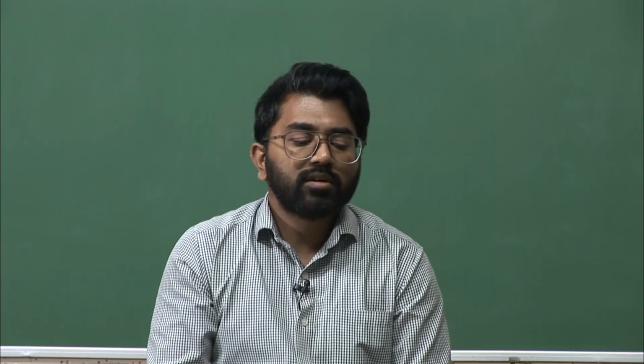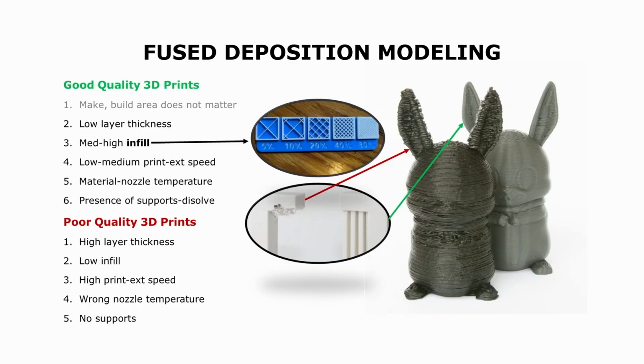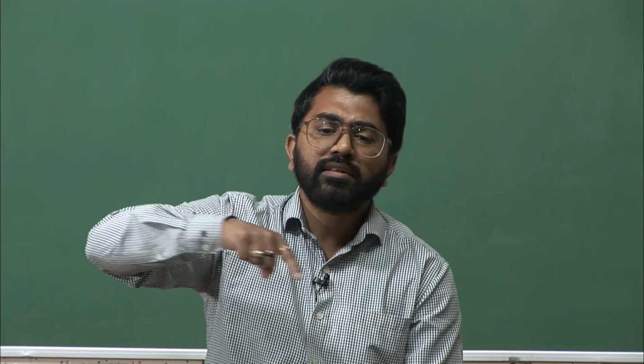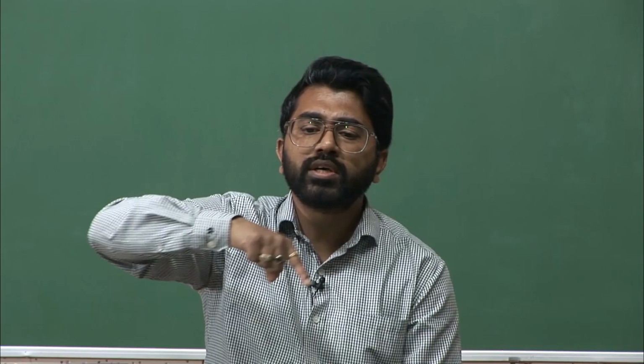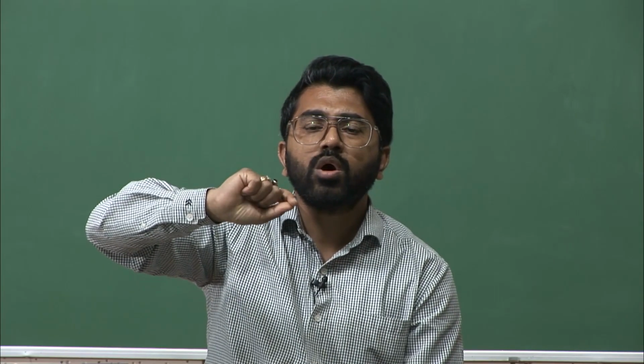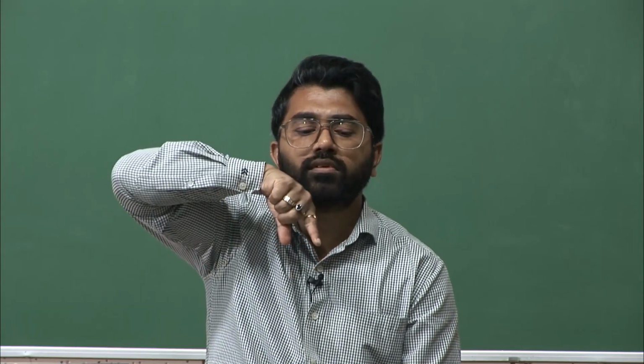So, a good quality 3D print has the characteristics of low layer thickness, medium high infill. What is this infill? Infill is basically how much material is inside. So, does a 3D print build this layer by layer and go through the entire block, or does it create an outer surface, right.